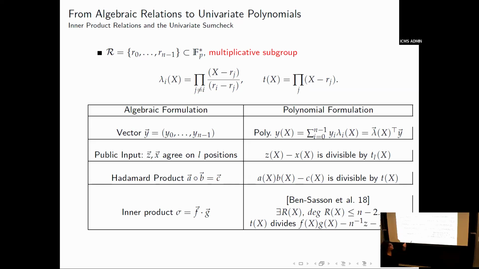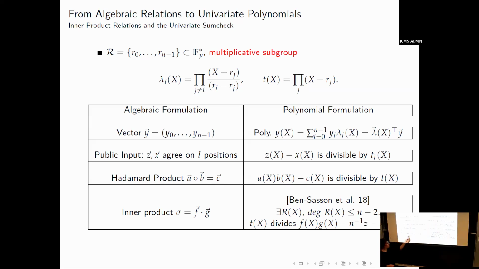So if I evaluate on any of these points R, this will be 0. Why? Because if I evaluate at R0, this will be A0, this will be B0, this will be C0. So this has to be 0 on all the points, so this has to be divisible by the vanishing polynomial. Okay?